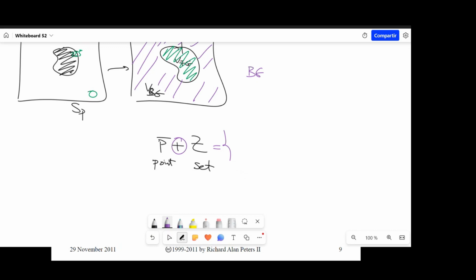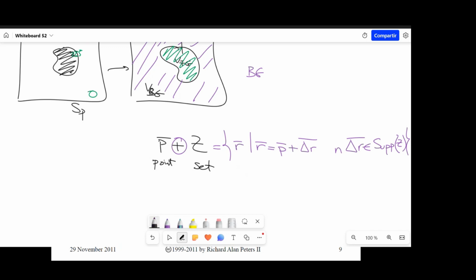It is the set of all locations such that this location can be written as P plus some delta R, where delta R belongs to the support of the set.